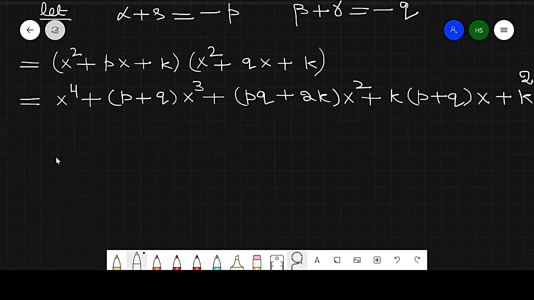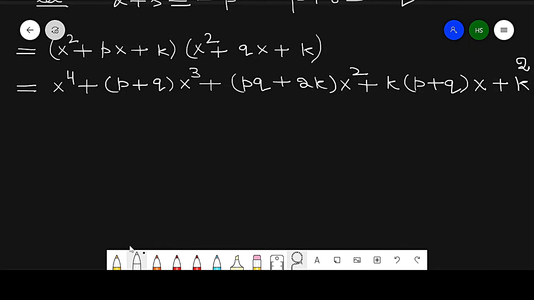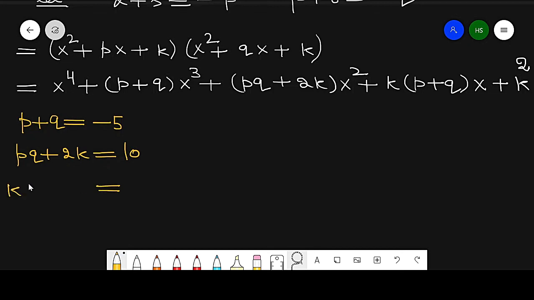Now comparing this with equation number 1: first, p plus q is equal to minus 5; pq plus 2k is equal to 10; next, k into (p plus q) is equal to minus 10; and last, k square is equal to 4.